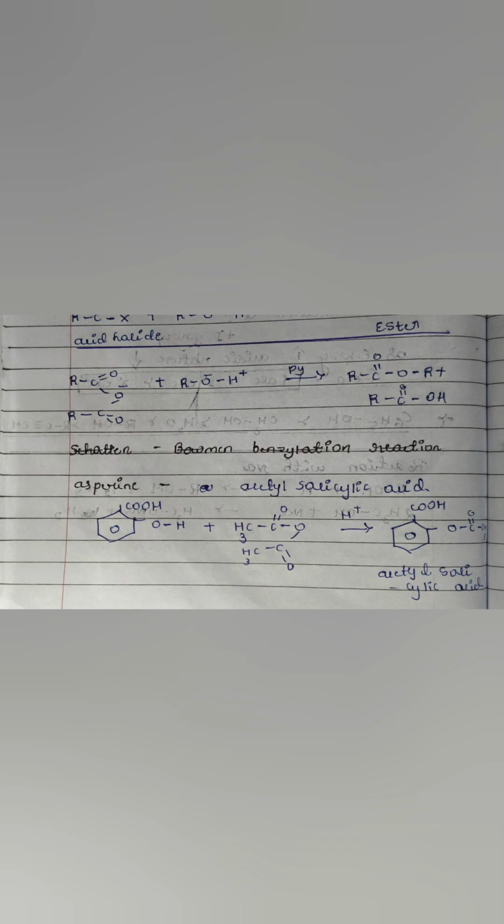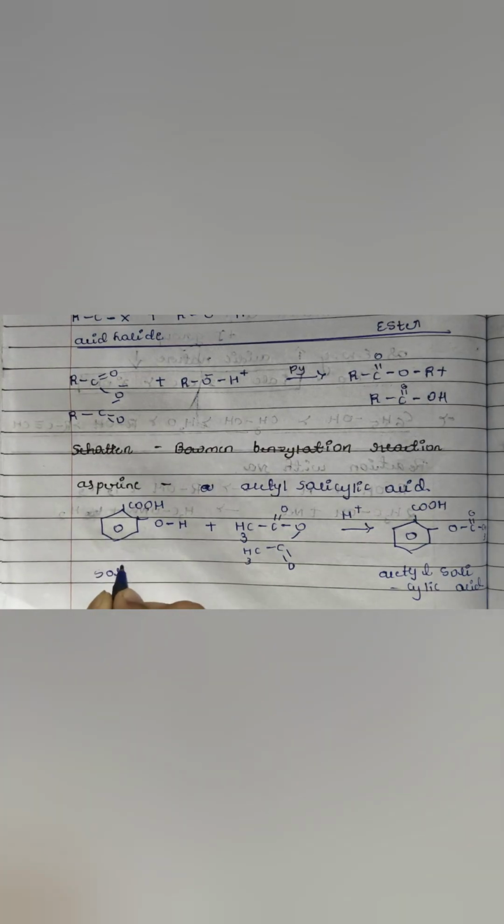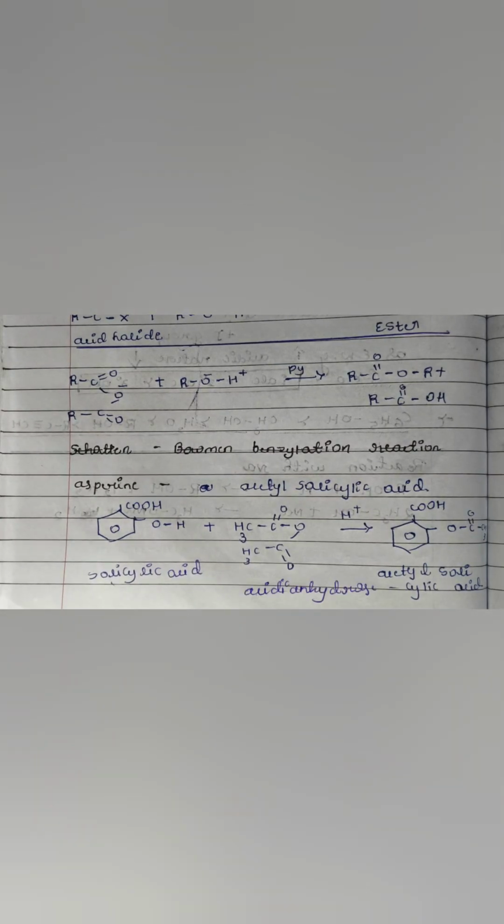We call this compound salicylic acid, and it is treated with acid anhydride. It gives the product acetyl salicylic acid. We call it aspirin. This aspirin is used as an antipyretic and analgesic.